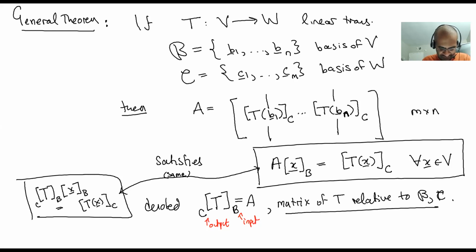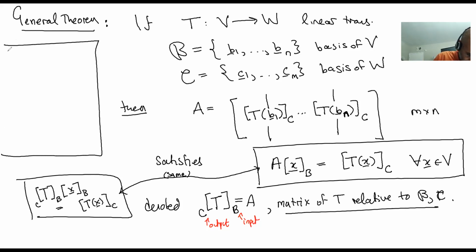And I should say this actually includes a concept you did before the midterm, which is the standard matrix of a linear transformation. So here's a remark. If you take V equal to Rn and W equal to Rm, and both bases equal to standard, so you could do that, right?